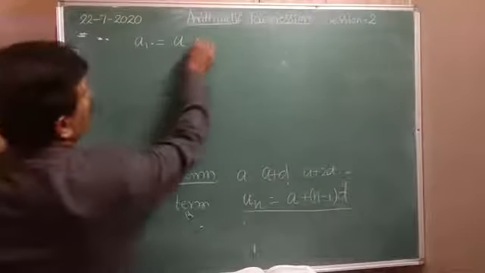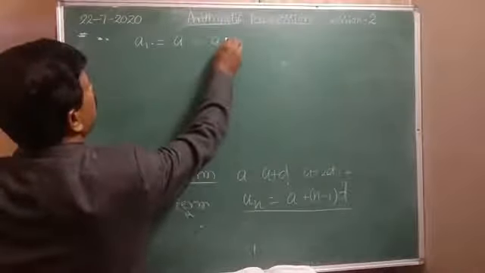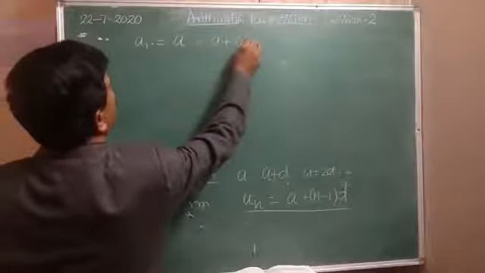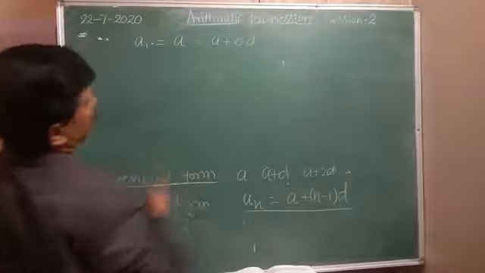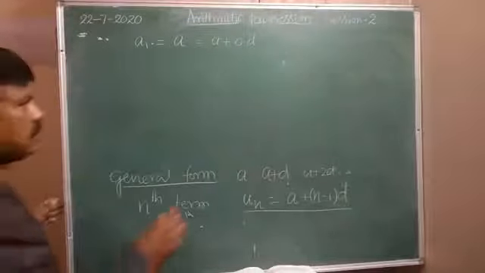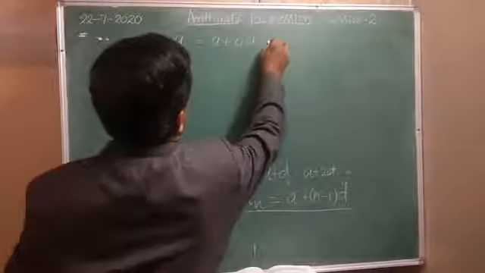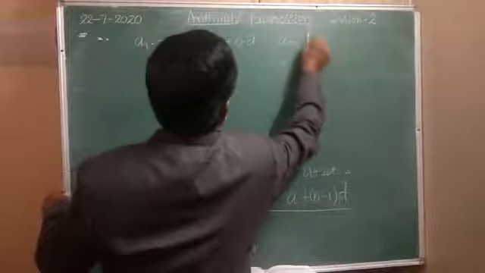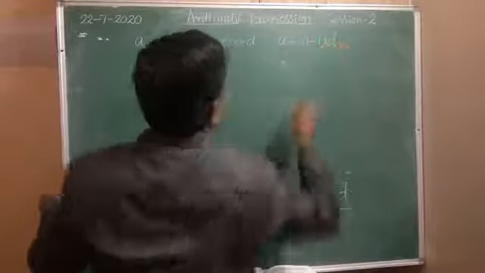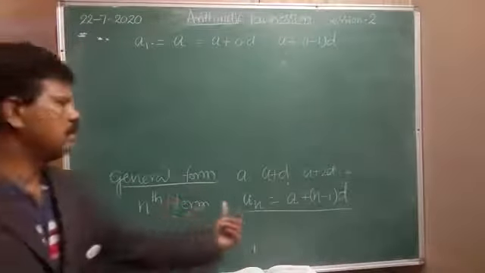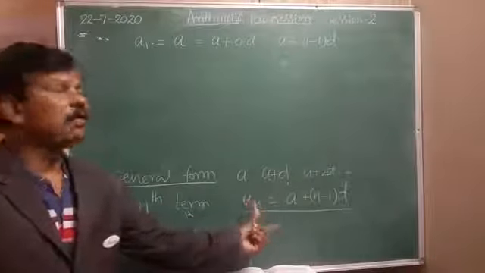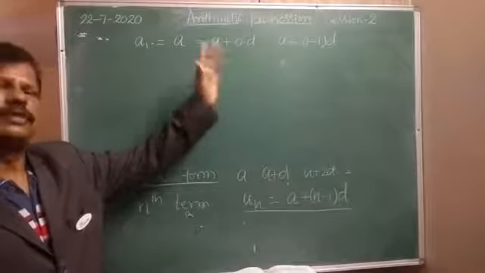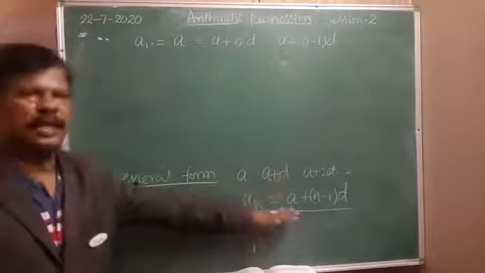In this, what is d? d is not there, so 0 into d. Now this 0 can be written as a plus 1 minus 1 into d. This is the procedure to obtain this formula. Why are we writing it like this? To obtain the formula.